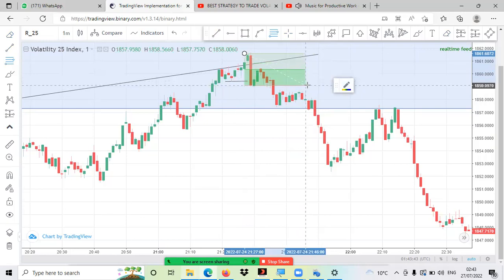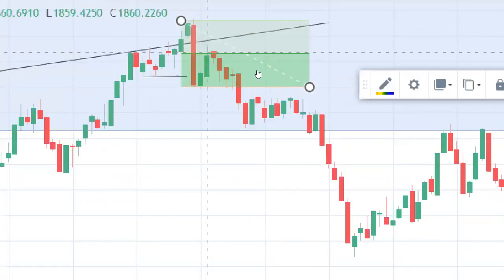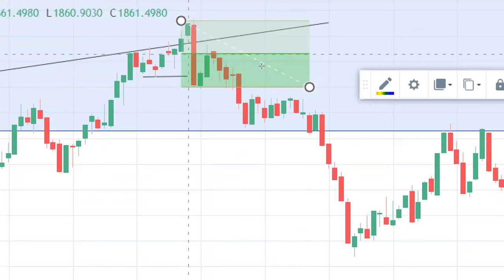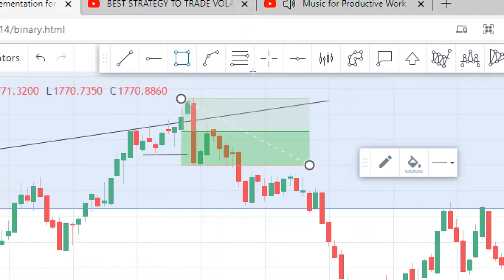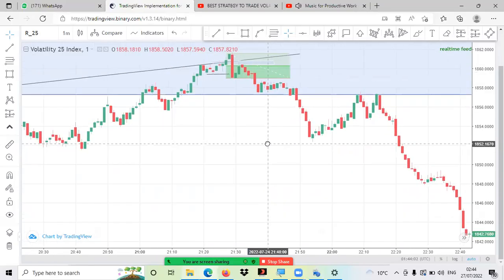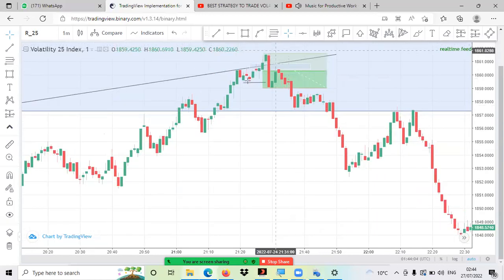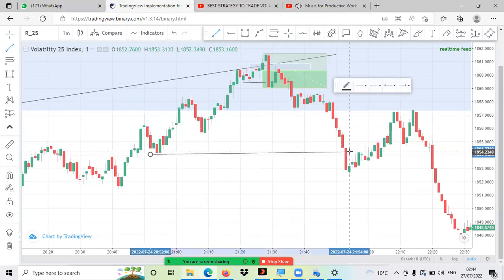You use your Fibonacci. We want to trade above the 50%. The 50% is the middle line, so you can get another entry on this particular area. That's where you can get another sell signal to the downside. You take it at the lows.